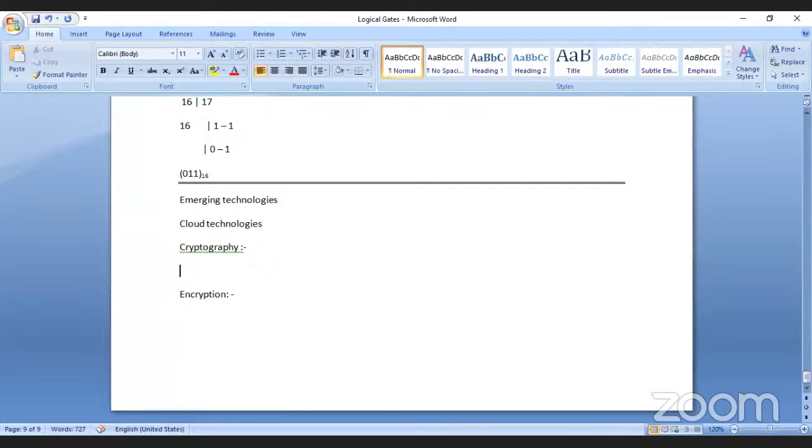Is it okay now, or are you still getting the disturbance? Right now it is okay, sir. The background sound is very disturbing. Some magnetic devices or a mobile phone nearby may cause disturbance.